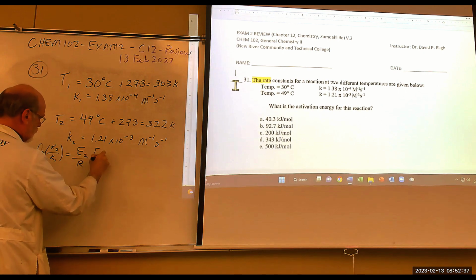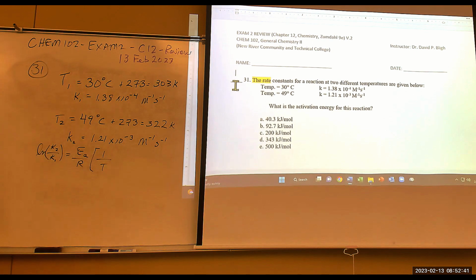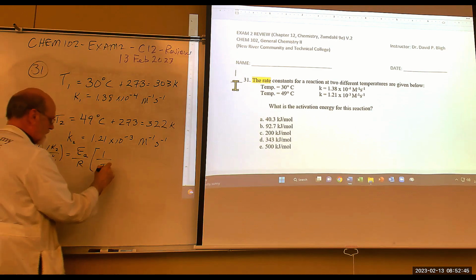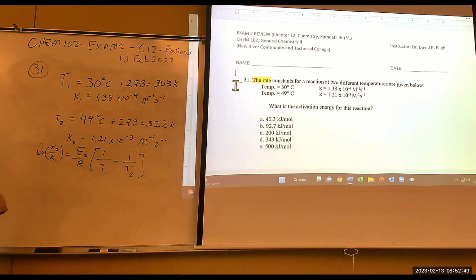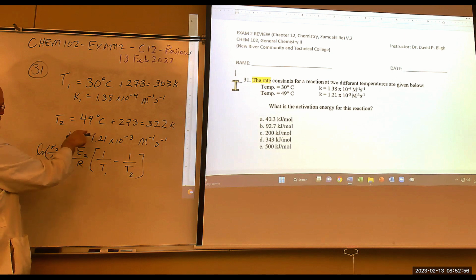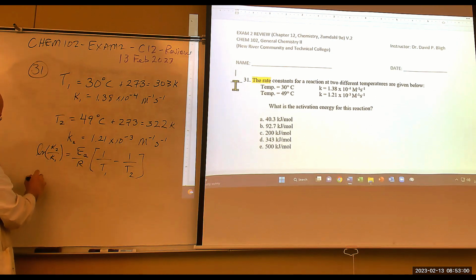And this is times 1 over T1 minus 1 over T2. So all we have to do is plug in the numbers. We'll plug in the k2 right here, put this one down here, and put that one right here.